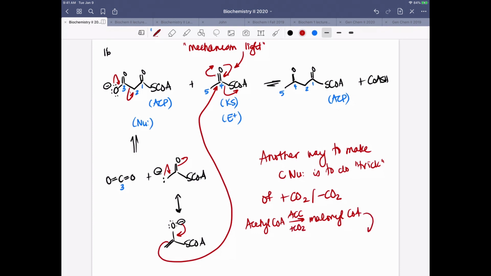And then we decarboxylate malonyl-CoA to make this beautiful nucleophile that we have right here. And then we react it with another acetyl-CoA to generate our coupled product, which is essentially the net of 2 acetyl-CoAs coming together. So this really generates our acetyl-CoA nucleophile, which reacts with an acetyl-CoA electrophile, and we make a carbon-carbon bond. So hopefully that made sense. Again, 4 mechanisms that we had here for this lipid metabolism homework.